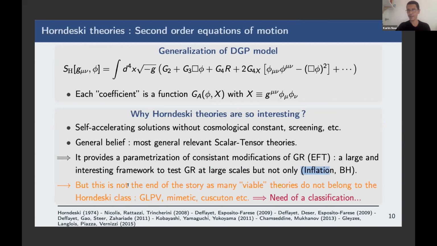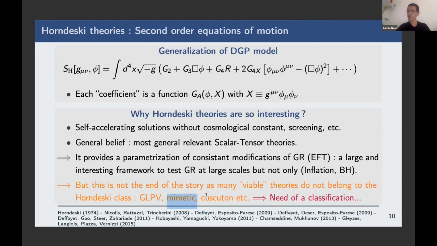But in fact, this is not the end of the story, because soon after the rediscovery of Horndeski theories, people found new, viable, physically interesting theories that do not belong to the Horndeski class. And maybe you heard about the GLPV theories. GLPV is for Gleyzes, Langlois, Piazza, Vernizzi. And also these very nice mimetic theories of gravity.